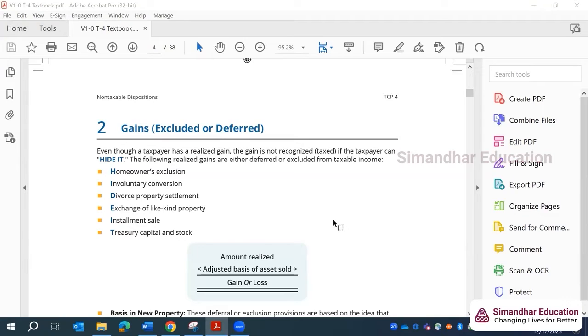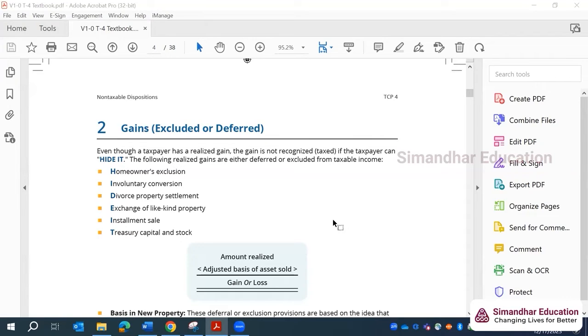So there is single. Someone who's single will have a filing status of single. Someone who's married can file as married filing jointly. That means husband and wife together can file just one form. If they are married, but they choose to file separately, then the filing status for them is married filing separately.